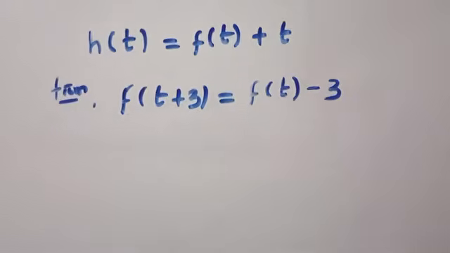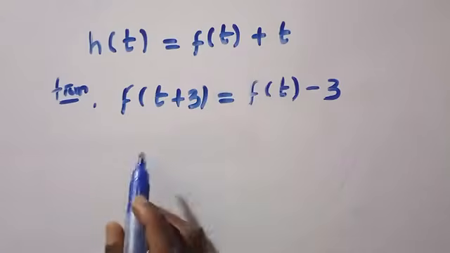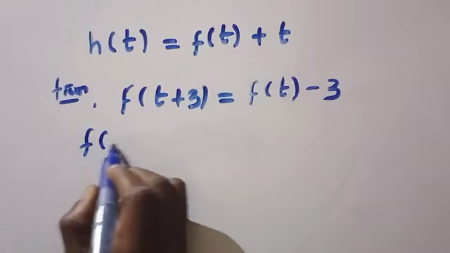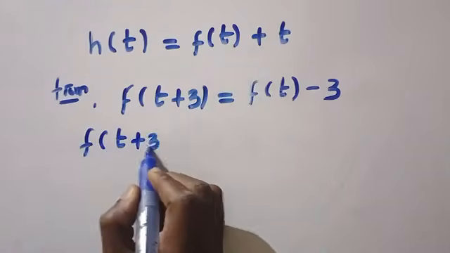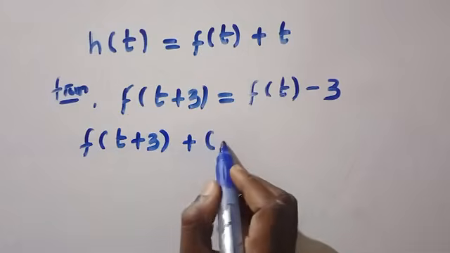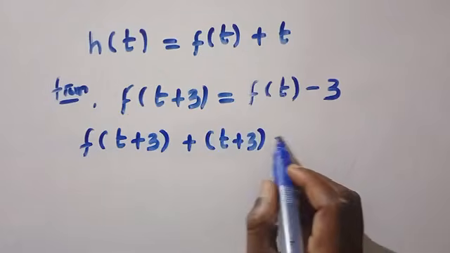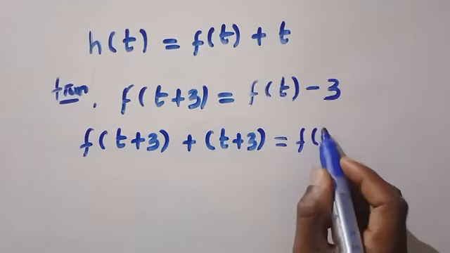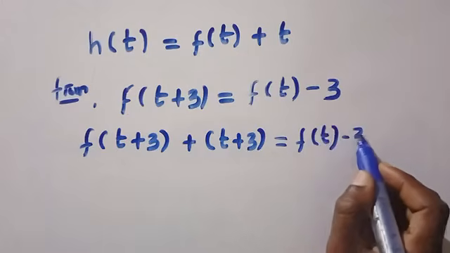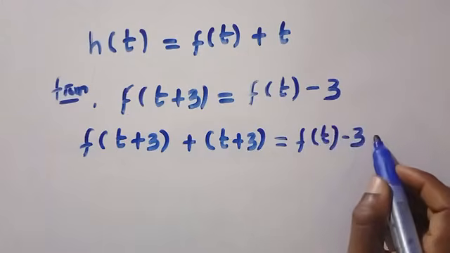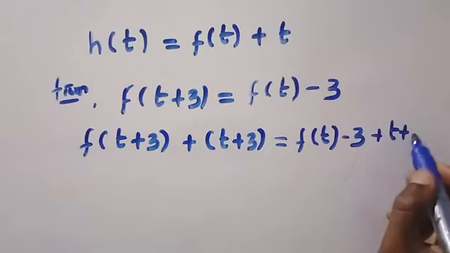Suppose I add t plus 3 to both sides, I want to derive something of this form. We are going to have f of t plus 3, then plus t plus 3, equals f of t minus 3, then plus t plus 3.